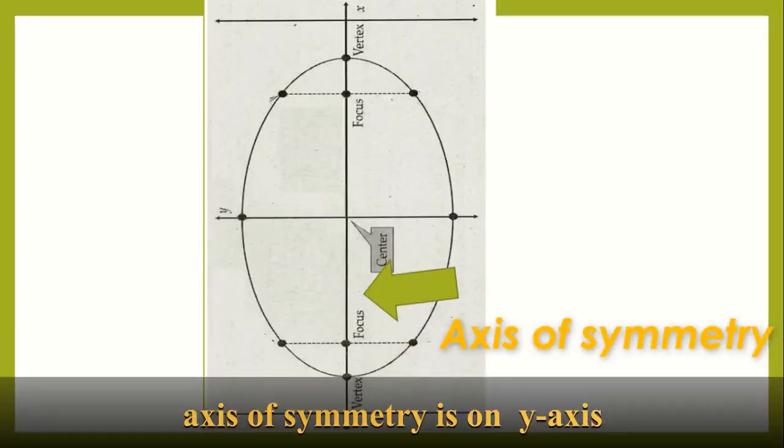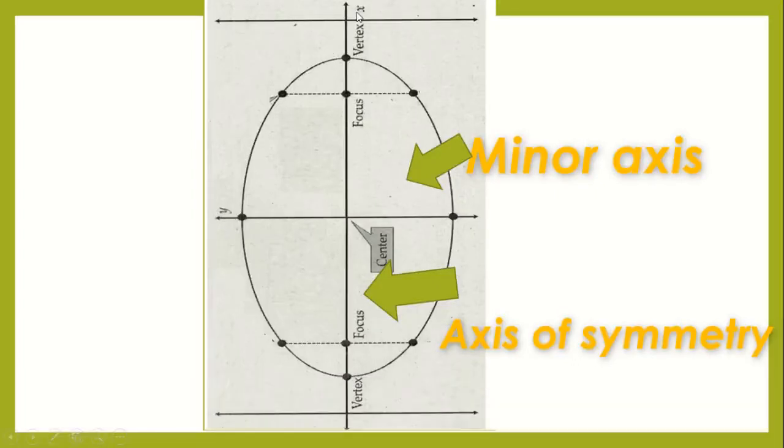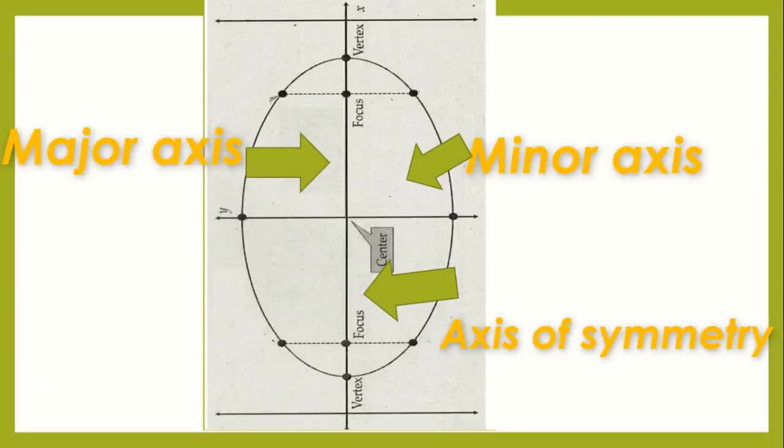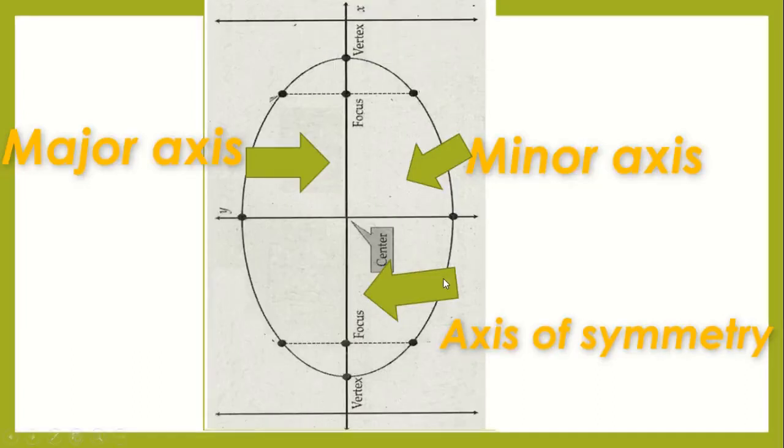Yung axis of symmetry parallel to y-axis, hindi ko na lang nabago yung ating xy plane here. Supposedly, this should be x and this should be y. Yung minor axis natin, nangyari parallel na or along the x-axis, while the major axis is parallel or along our y-axis. Okay? So, depende yung orientation ng ating ellipse. Ma-define yung ating mga parts ng ellipse.